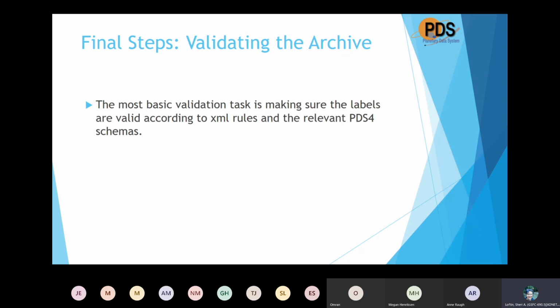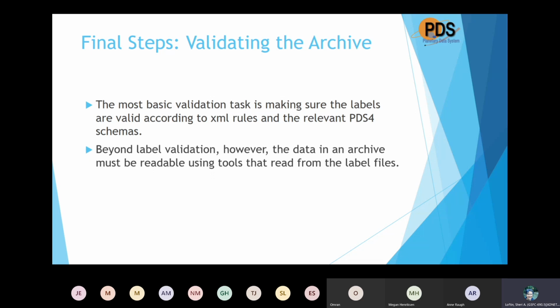Just because you don't do it that way within your mission, we want to make sure that the label files tell us how to read your data. So the data may look beautiful to you in your software, but we need it to look beautiful in ours using the label files.